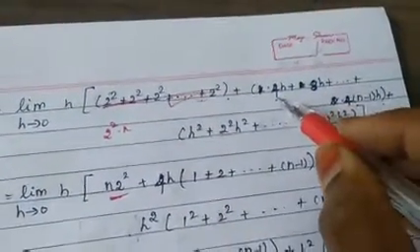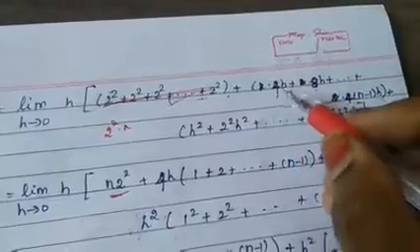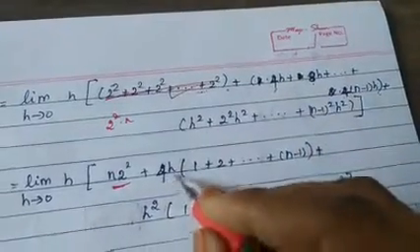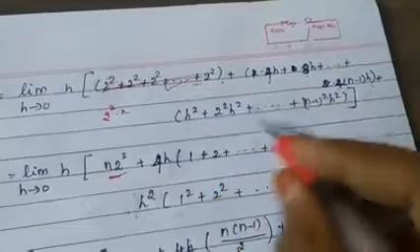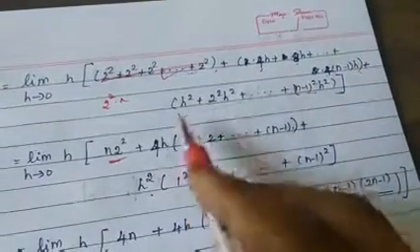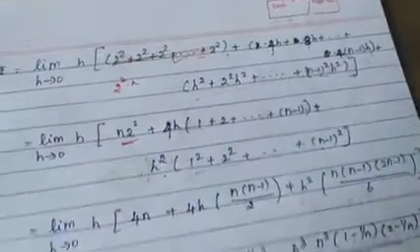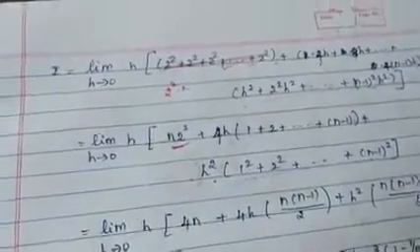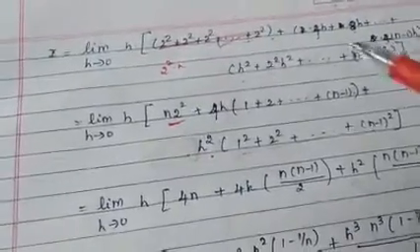Now in this, which is common here? 4h, 8h, 4 into n minus 1. So 4h is common, and I am taking 4h outside. When I take 4h outside, I will get 1 plus 2 up to n minus 1. Here in the h squared term, h squared is common, so I am taking it outside. So I will get this. Whenever you have x plus 1 or any polynomial as a function, you will be applying these formulas.